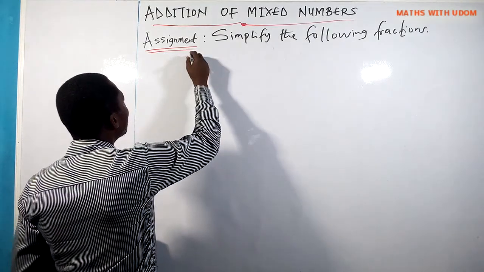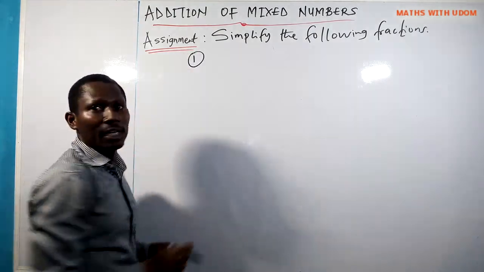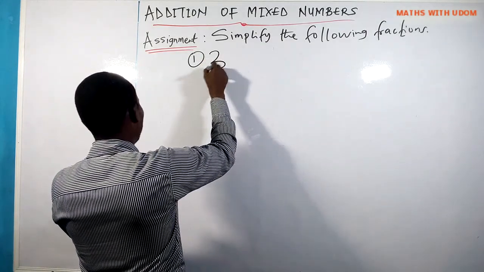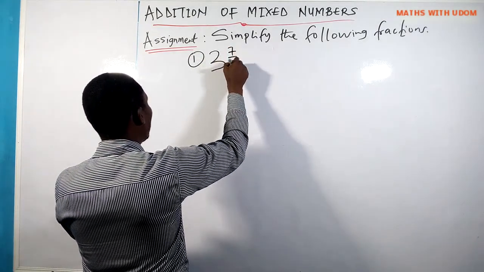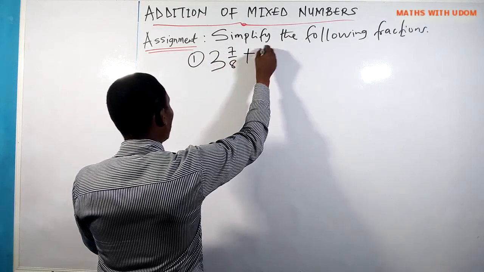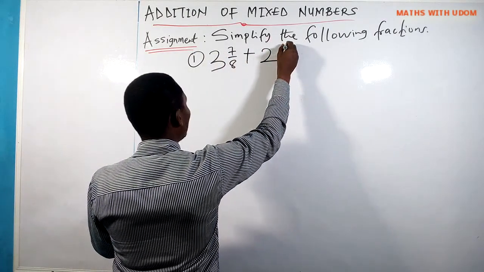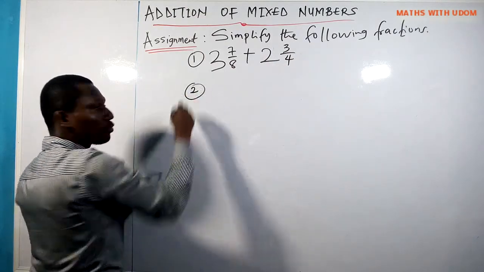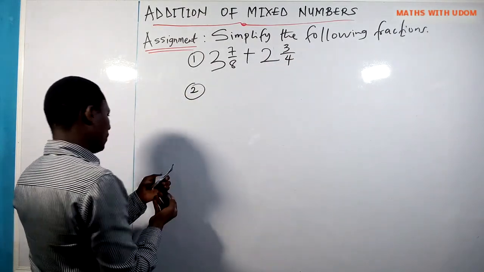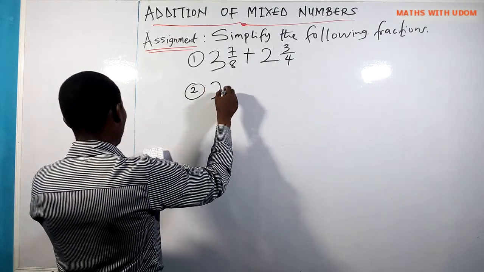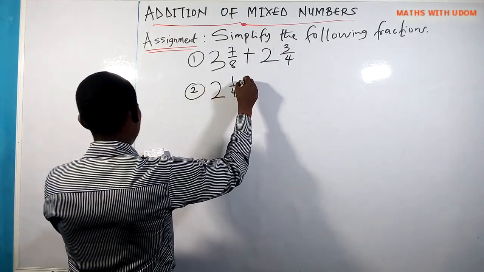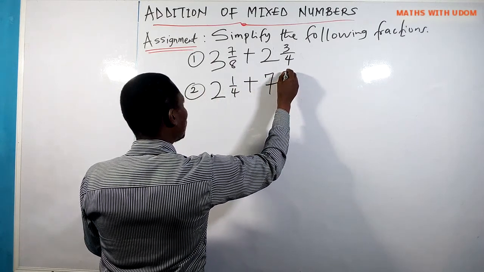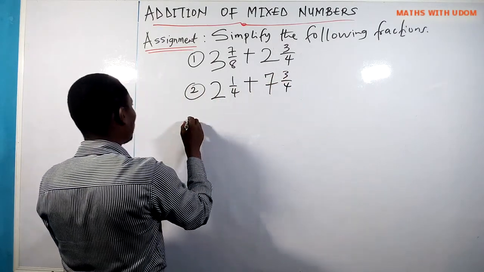Number 1: 3 whole number 7 over 8 plus 2 whole number 3 over 4. Number 2: 2 whole number 1 over 4 plus 7 whole number 3 over 4.